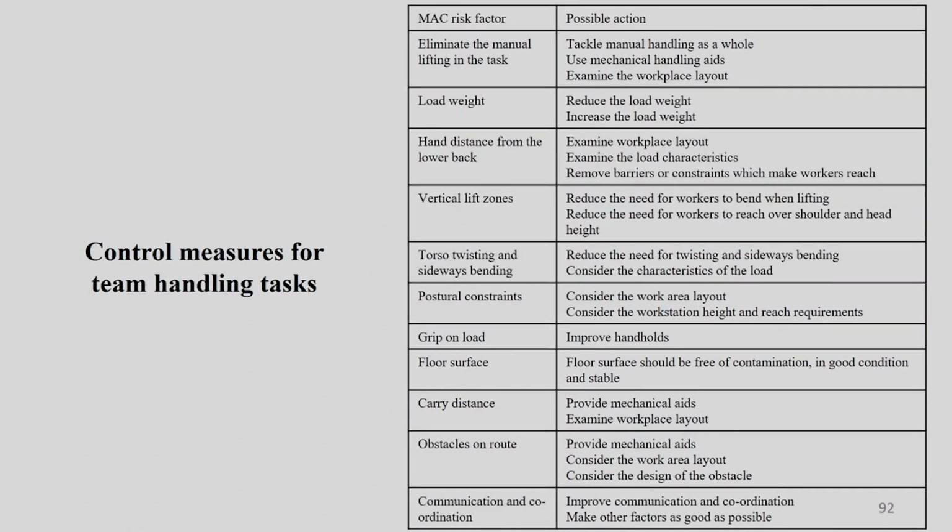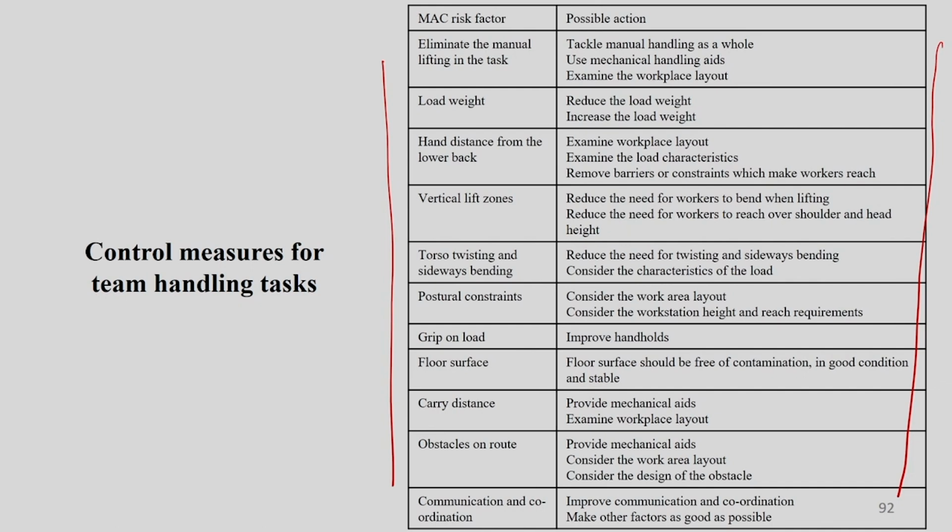And moving to team handling, this is the case. This is the list of the names of the variables, and these are the methods for how you control them. So you can understand how useful this tool is. This tool not only gives you an understanding of the risk level, it also gives you a direction of where you should start and how you start your intervention.